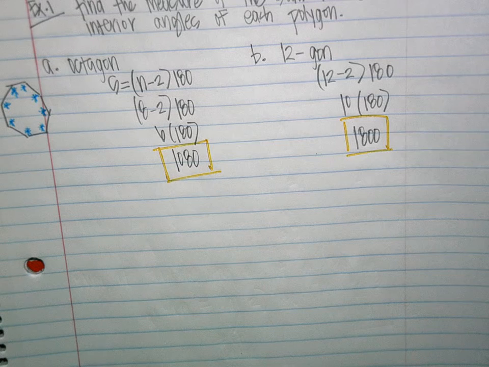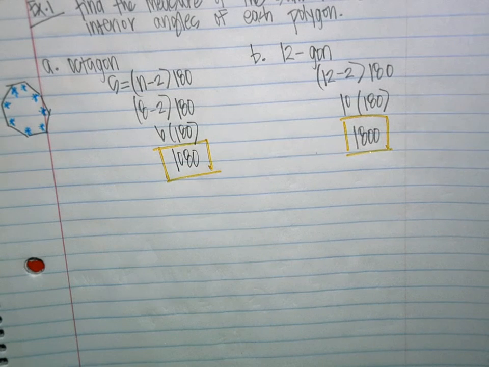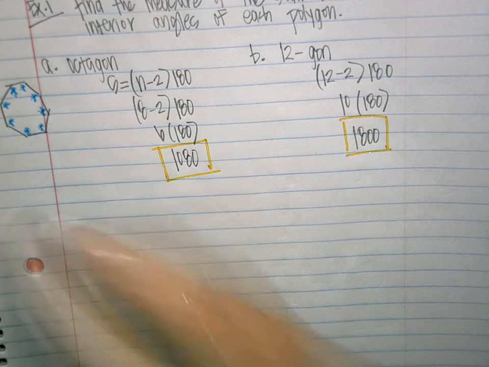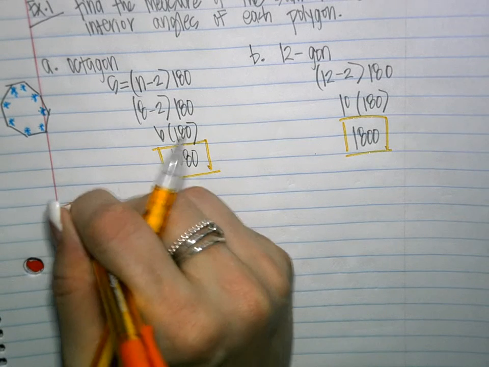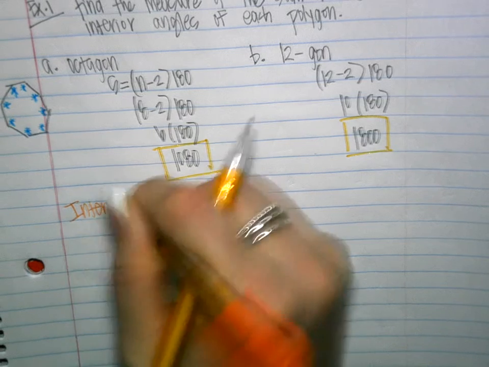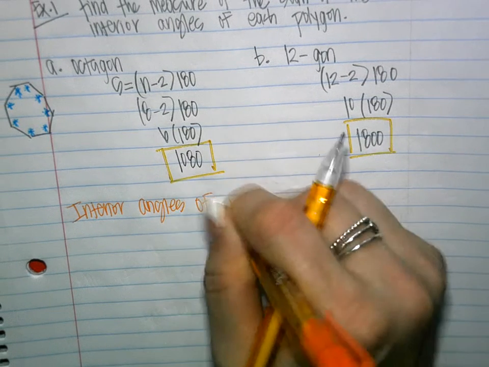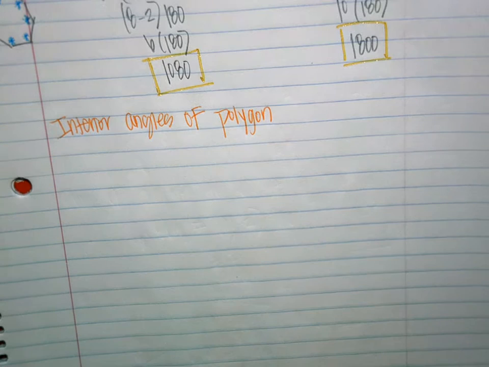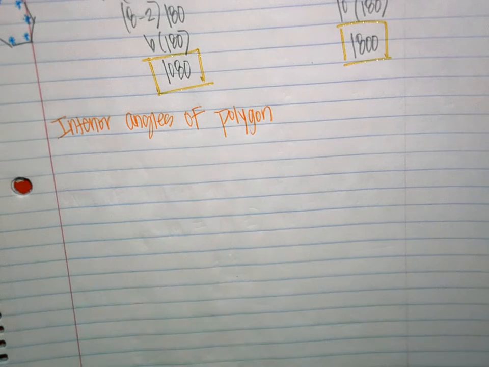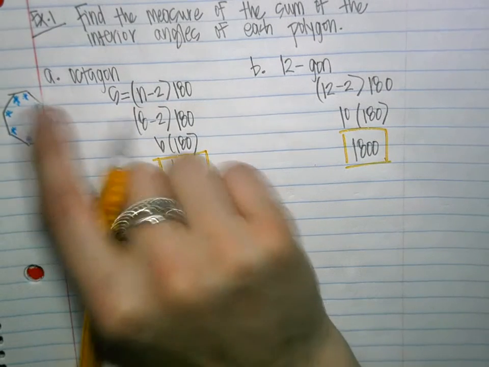Now, the next thing we're going to do is not the sum of the interior angles, but each interior angle of a polygon. So we know how to find all of these added up.